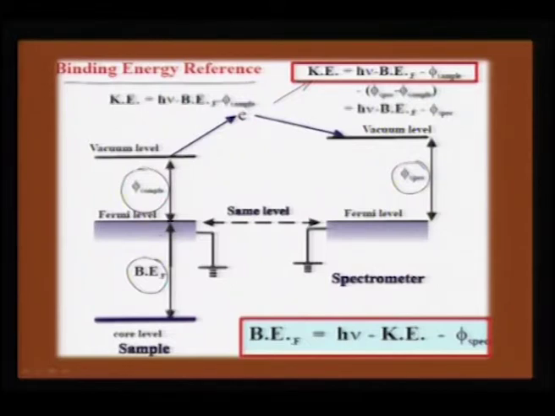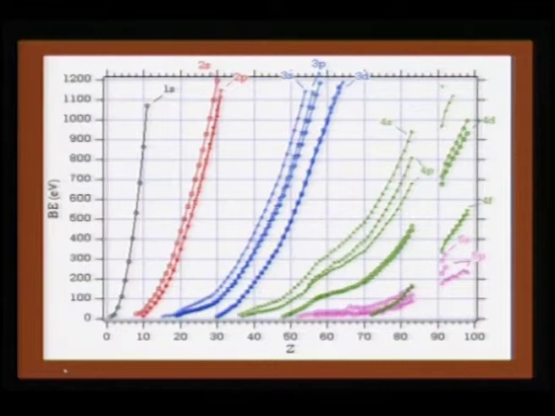Therefore, if we merge all these 4 parameters, h nu minus B minus phi sample minus the difference of sample and spectrophotometer, then we boil down to this expression. And similarly, for binding energy we have this equation h nu minus kinetic energy minus phi. That is the reason why we have 2 different ways of evaluating the ejected electrons.